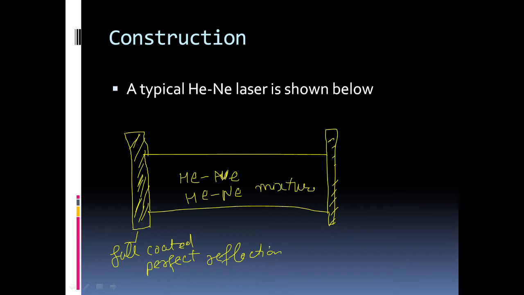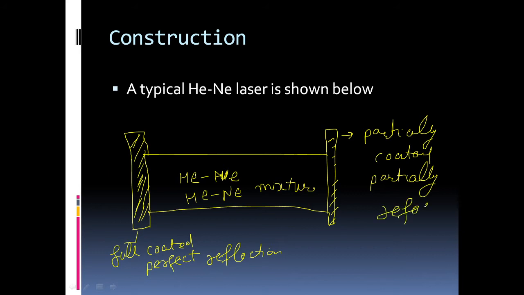The second mirror is partially coated and used for partial reflection, and the laser beam comes out this way.